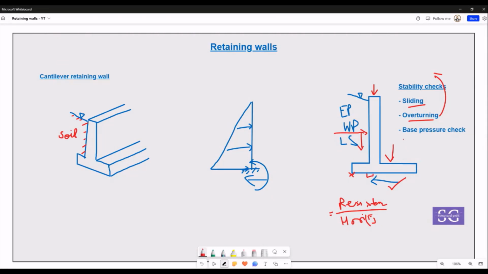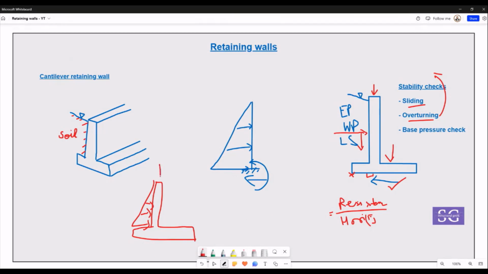Further, if we look closely at the base pressure check, how does it happen? When the horizontal load is applied at this particular location, let's take this particular wall over here. For this particular horizontal load, we will have a base pressure being generated in this fashion.